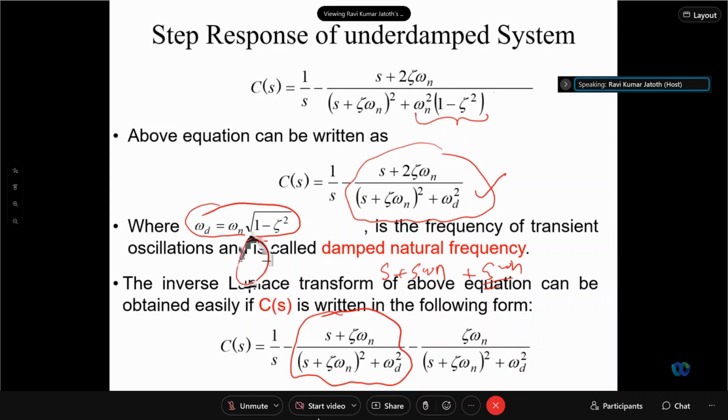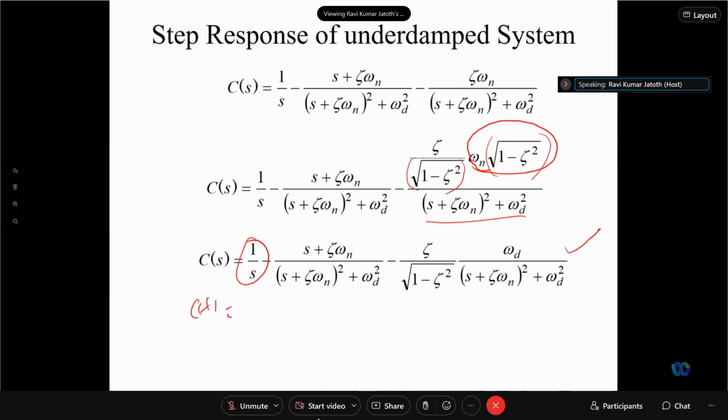This is the inverse Laplace transform of it.